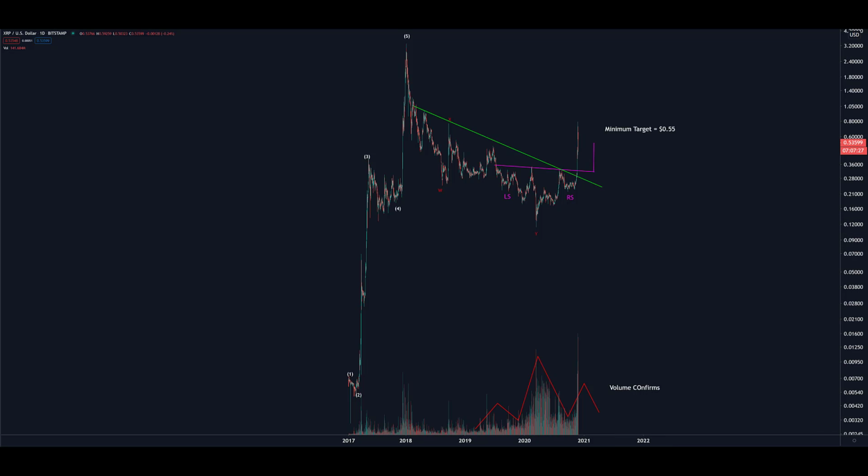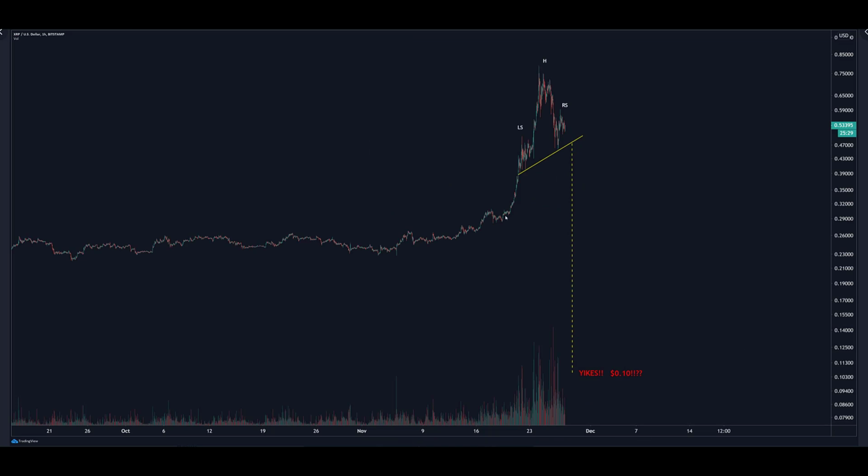However, I just posted earlier this morning this short-term chart of another head and shoulders, in this case a head and shoulders top. Now this is not complete. Price has to finish the right shoulder, come back down to the neckline, and then actually break the neckline.